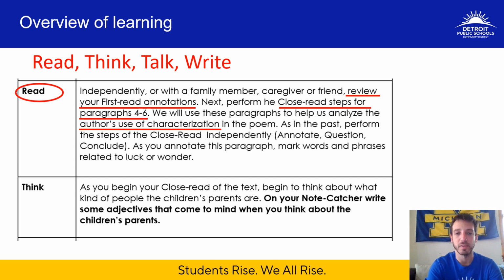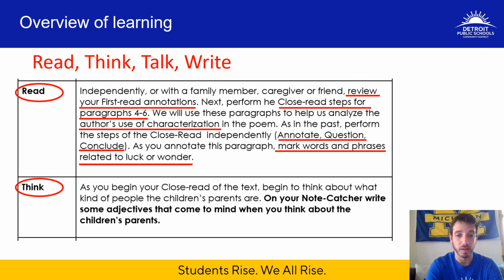You're going to be looking specifically for the author's use of characterization. So how does the author build out the characters in our poem? You're going to use the close read routine like you normally do, which is the annotate, question, and conclude process. As you annotate, you really want to be looking for words and phrases related to luck or wonder.